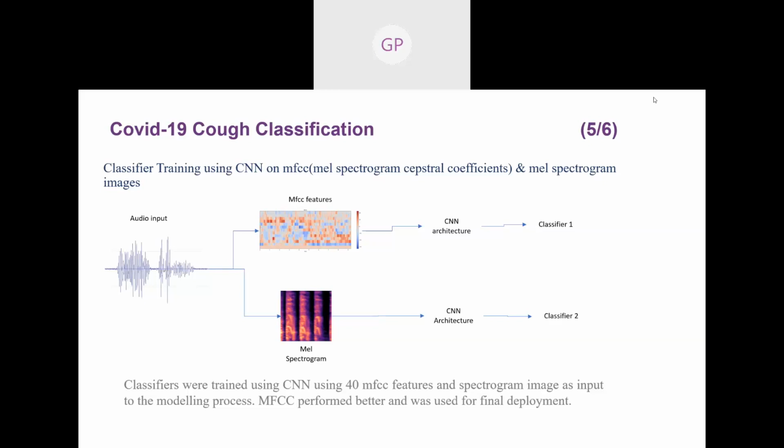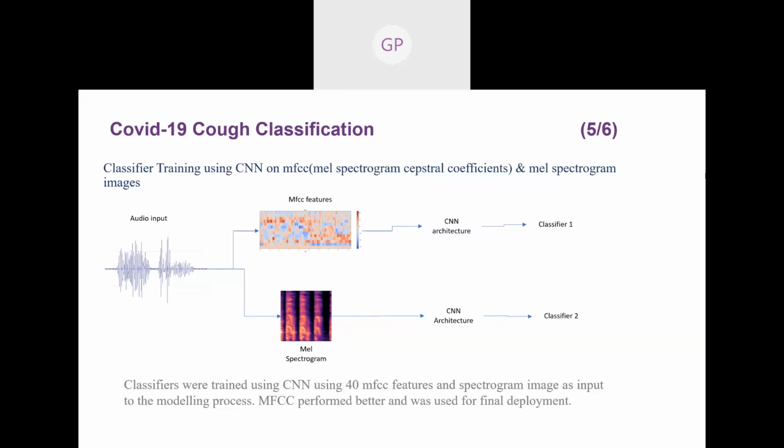And we used 40 MFCC features for training to be sent to the CNN architecture network. Usually the first 13 features from MFCC are the ones which carry the essential details, the complete envelope of the audio input. And the higher order features beyond 13 are the ones which carry the tone, pitch, etc. information of the audio signal.